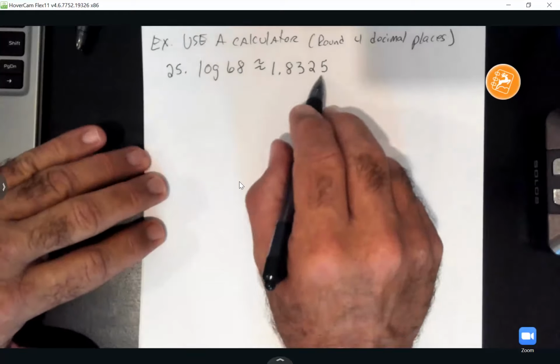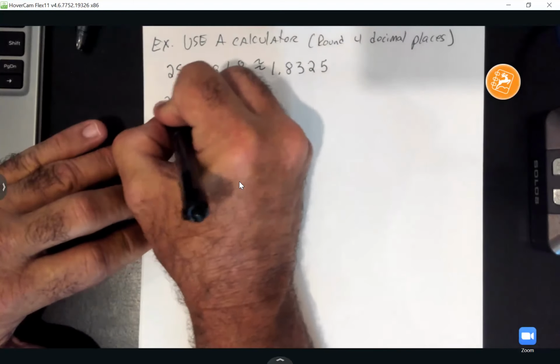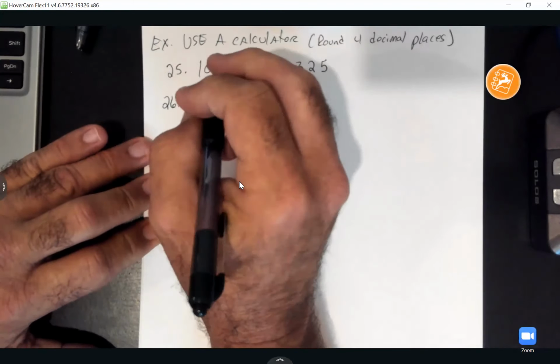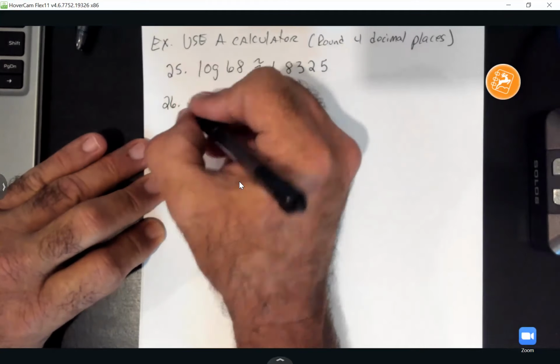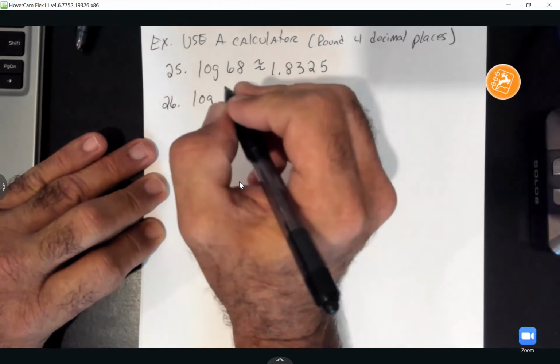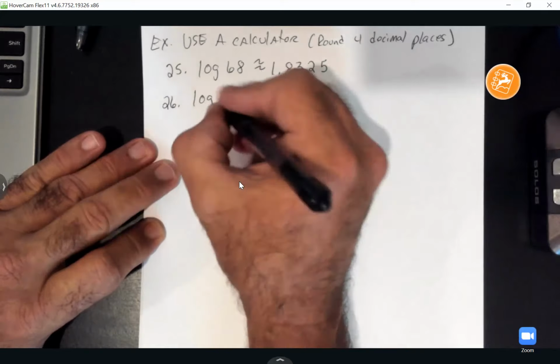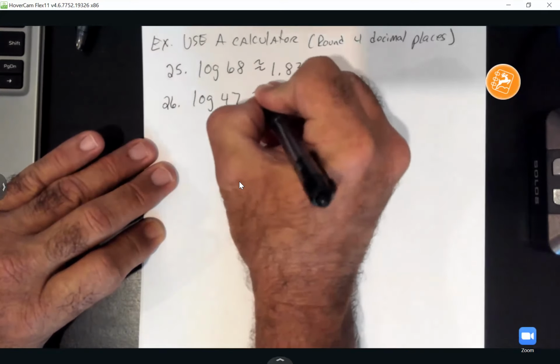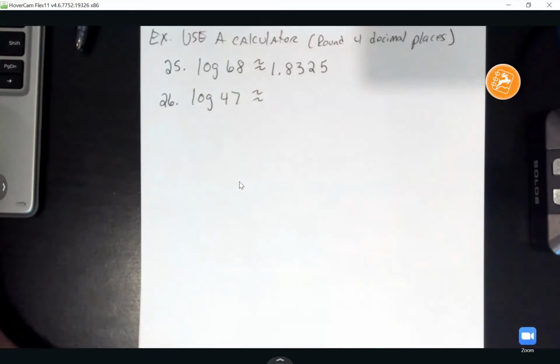All righty, so we made that a 5. So let's see, 26, log of 47. So the same thing, y'all. I'm going to go to that calculator.